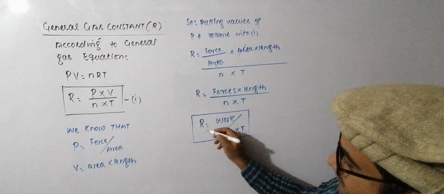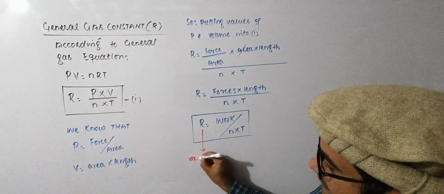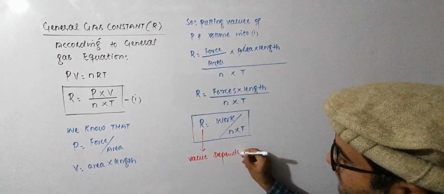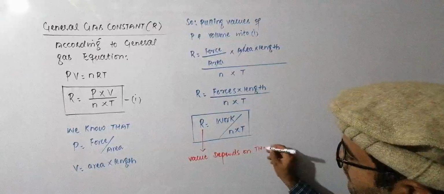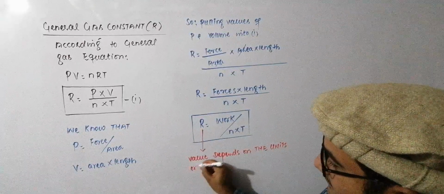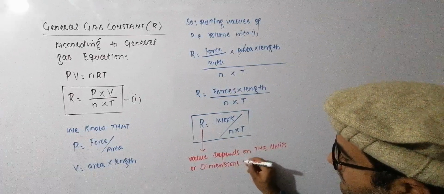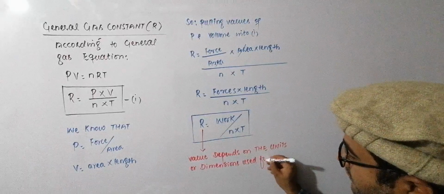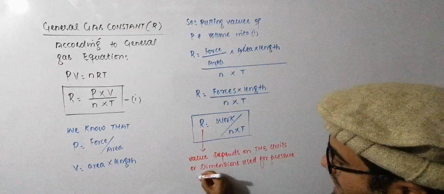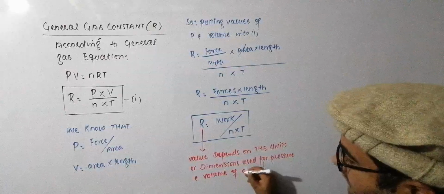And R has different values, and the value depends upon the units or dimensions used for pressure and volume of the gas.